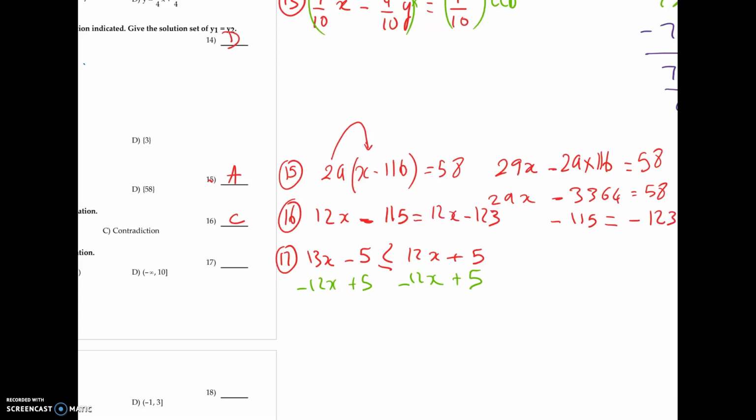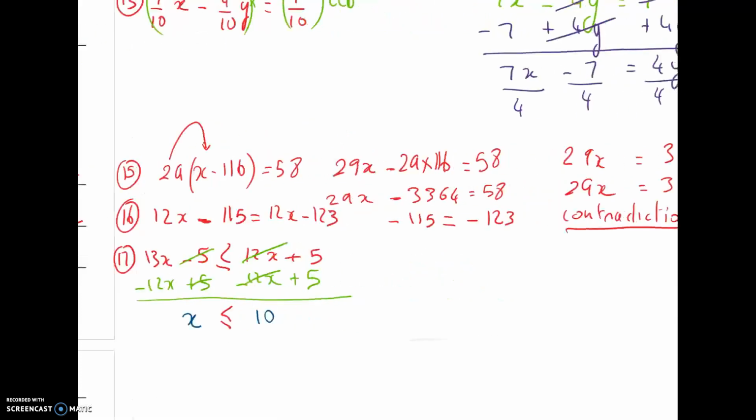By doing so, now I have only the variable on the left side and the non-variable on the right side. When I subtract, I do not change my symbol, so I don't flip my symbol. And now on the left side, I end up with x less than 10.